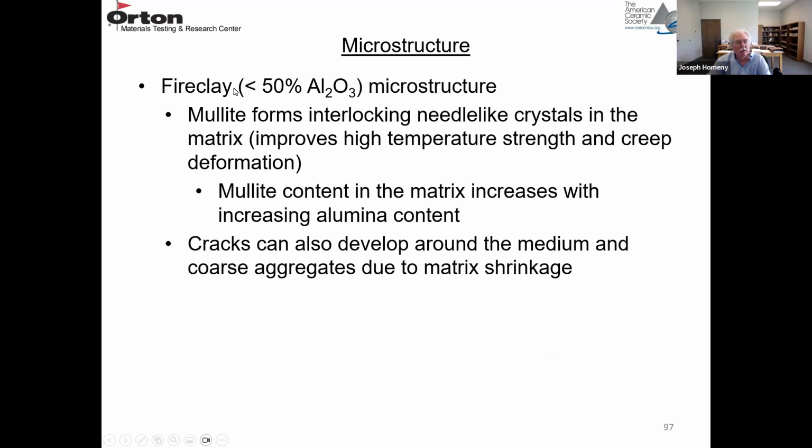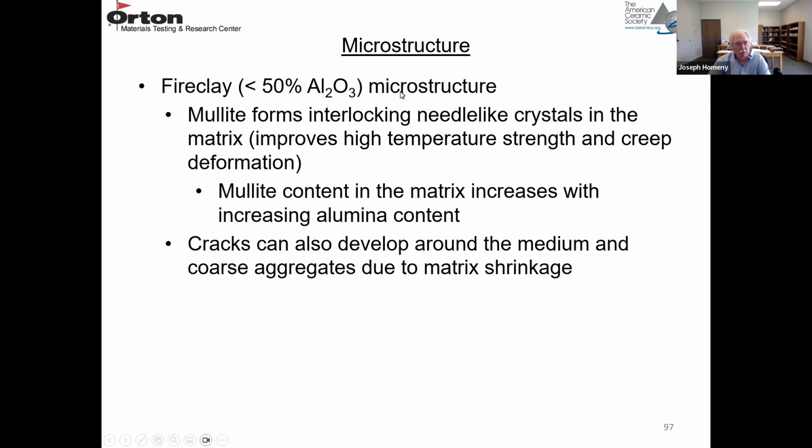And same materials, these low alumina fire clays. Mullite forms, again, an interlocking needle-like structure. Those interlocking needles give rise to high strength and good creep deformation resistance. And then this mullite content in the matrix is going to increase as you increase the alumina content.